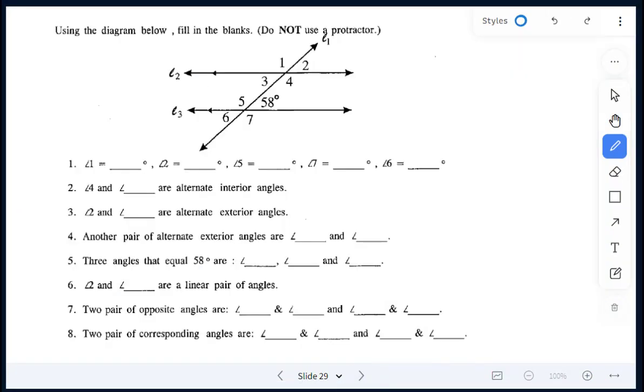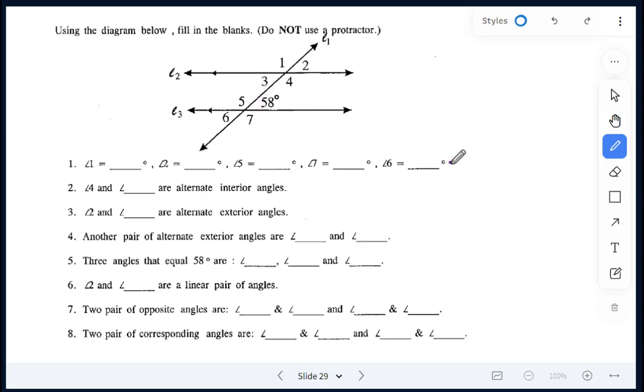Okay, next diagram. So here we have two lines. This little arrow here is showing that the two lines are parallel, and we have a transversal going through here. And then we have all these angles we need to figure out. We're only given one angle at 58 degrees.